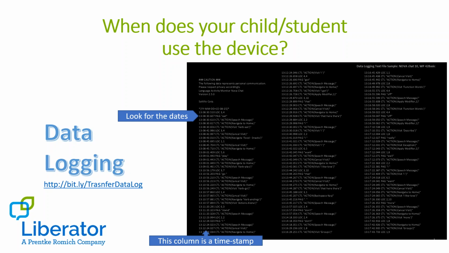So we can see the date and time of when buttons were selected. So in terms of knowing when buttons were accessed, we can get a really, really precise indicator of days and times that that student is using their device.